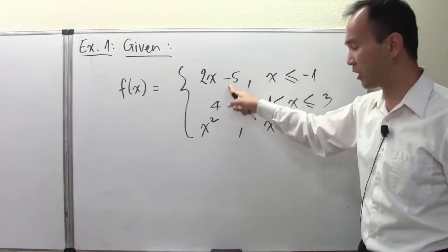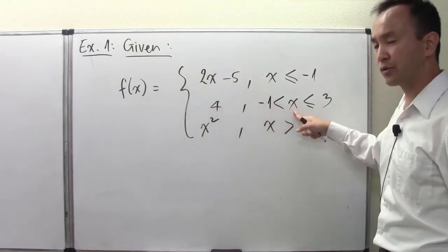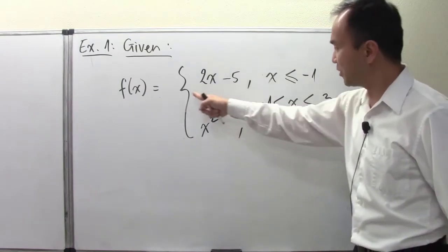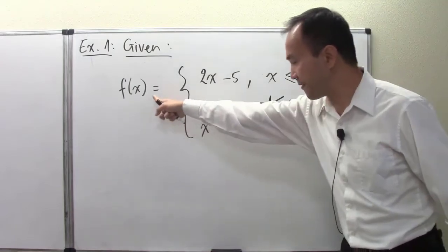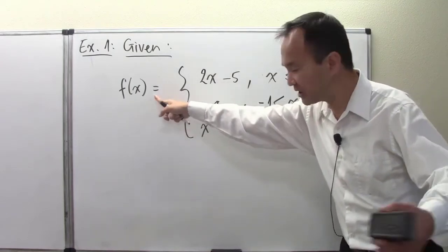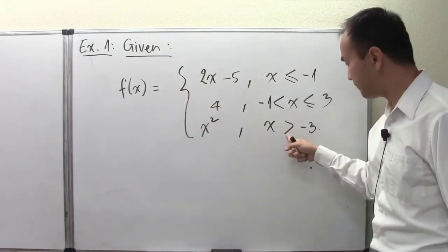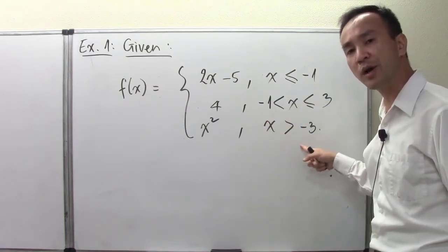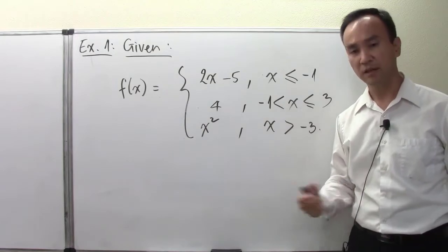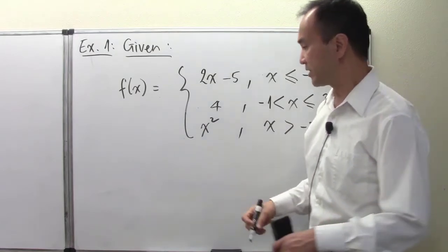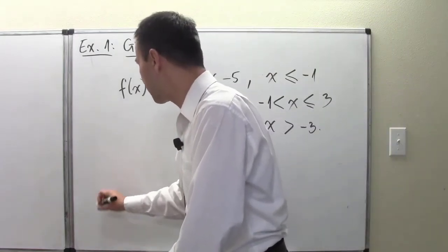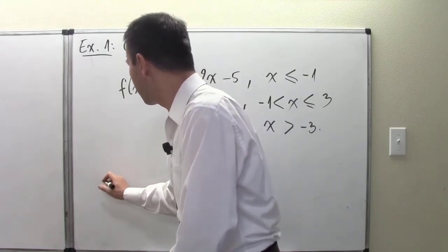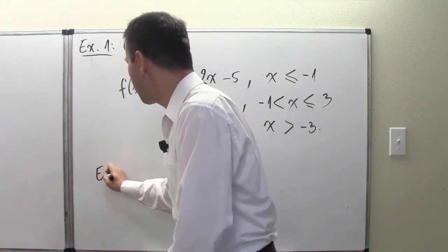We no longer use that one when the input is greater than 3. Then we switch to that third rule, the same function, but we determine the output using that third rule if our x input is anywhere greater than 3. And that's the idea. And so now, simple enough, we're going to be looking at evaluate.